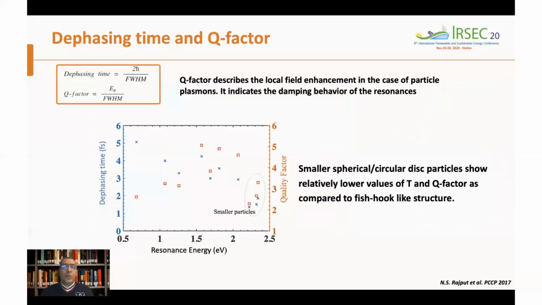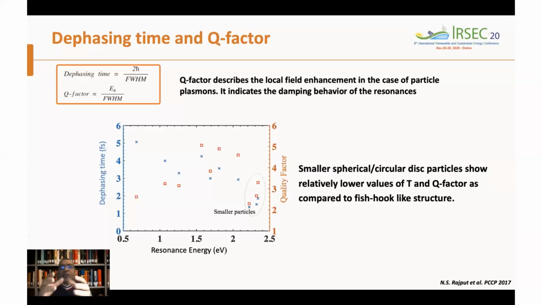Now, if you want to qualify this energy region and see how interesting it is for water splitting activity, we can measure what we call the Q factor, which describes the local field enhancement.